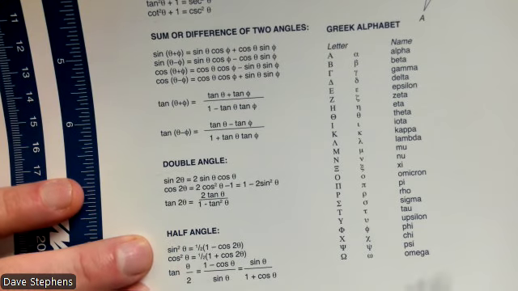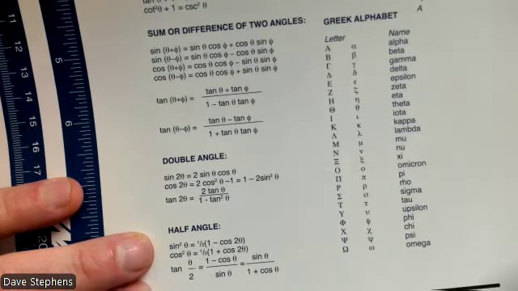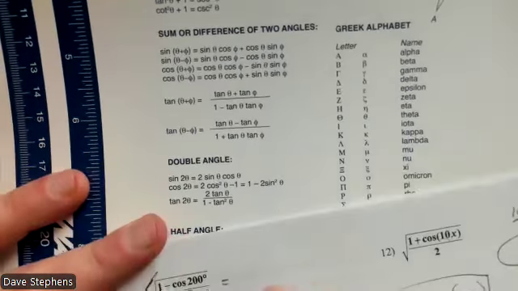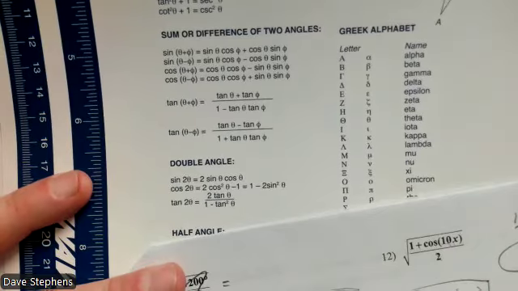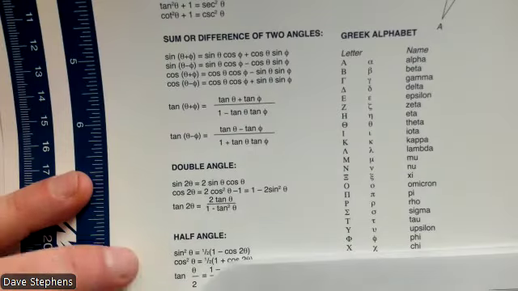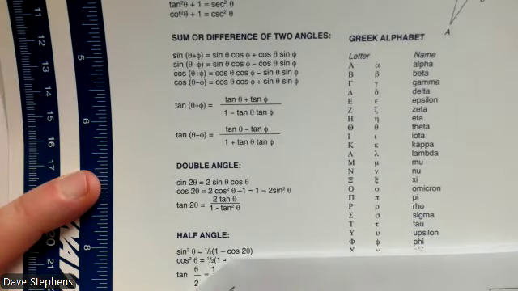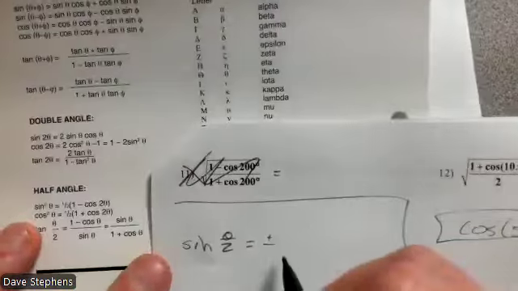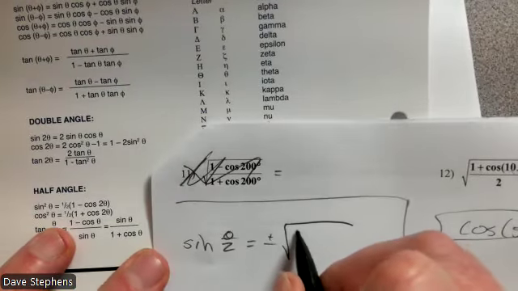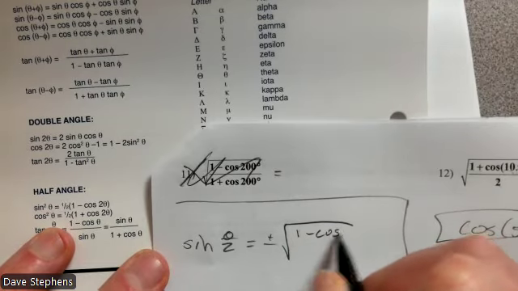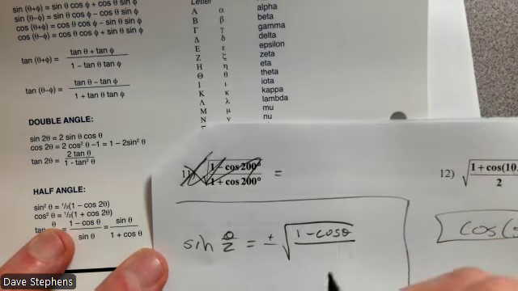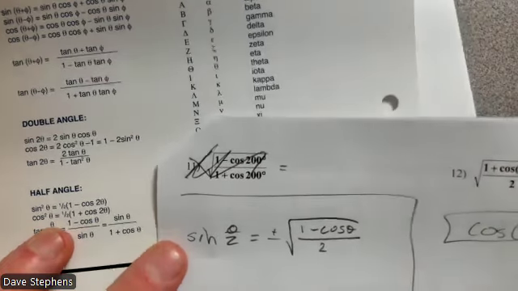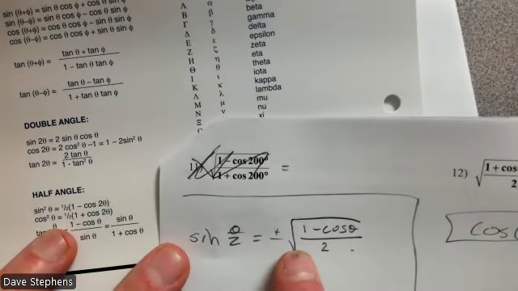On your notes, you should probably have something that looks like this. I'm going to use this space here since I'm not doing this. The half angle says the sine of theta over 2 is equal to plus or minus, which just means we're paying attention to what quadrant we're in, the square root of 1 minus cosine theta over 2. So there's your half angle identity.